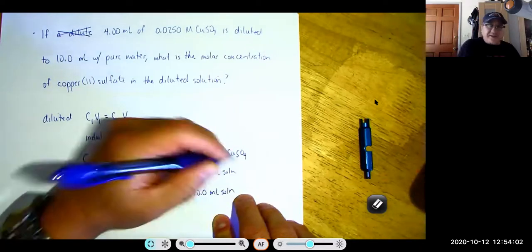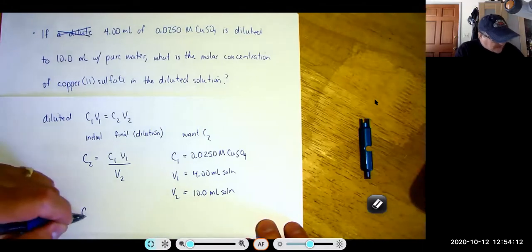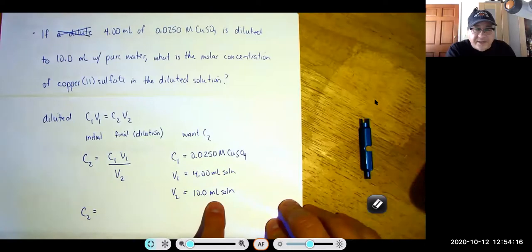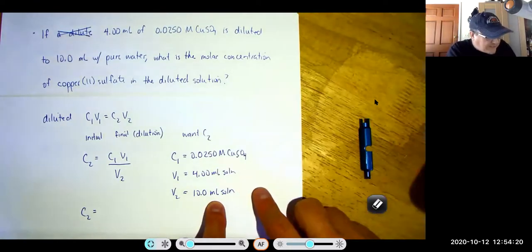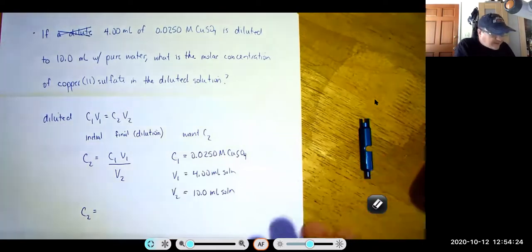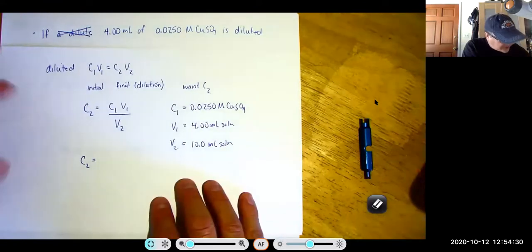And you'll notice the way this is worded, it says it's diluted to 10 mils. That means your final volume is 10 mils. So the nice thing about problems like this is that even though this is milliliters and we think we need liters because this is moles per liter, and even though we would normally write this out as moles per liter, we'll find out that for these dilution calculations, we don't have to. So let me show you how it works.